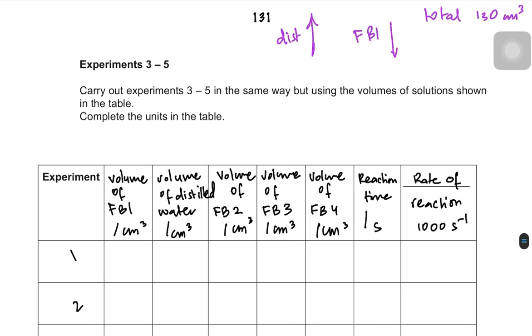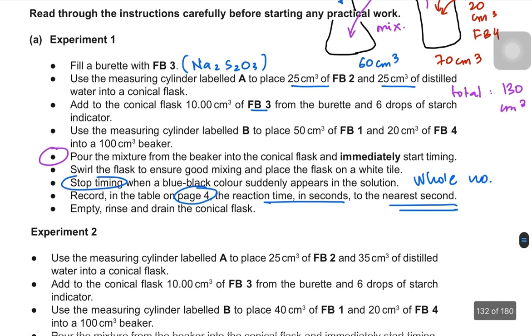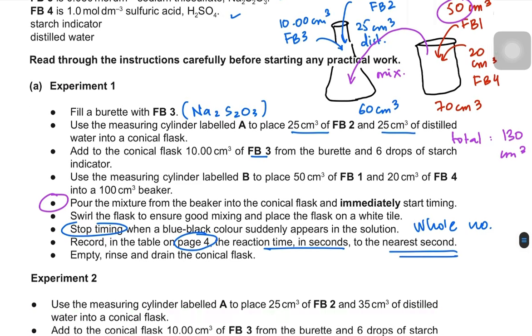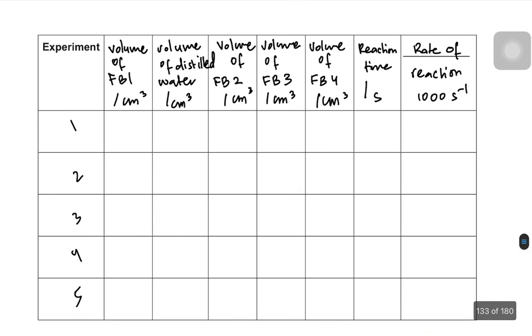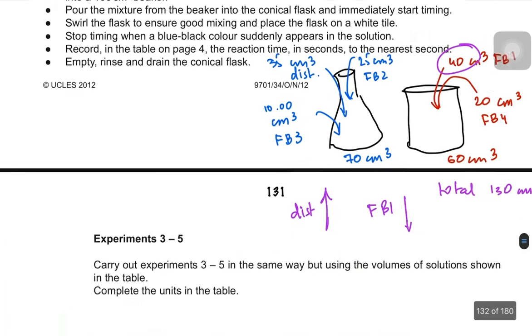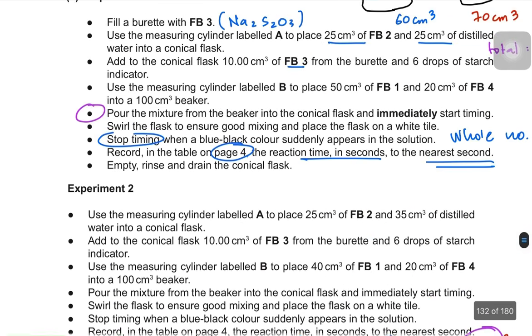Moving on. In the very first experiment, if you remember, how much FB1 was there? So if you notice, FB1 was at 50 cm³. So I'm going to place 50 over here. No decimal places because it was a measuring cylinder, not a burette. Then in experiment 2, it was 40 cm³.